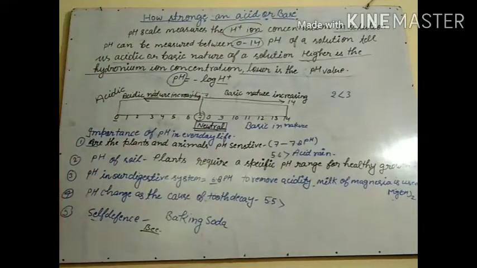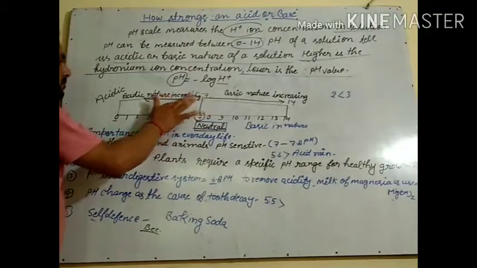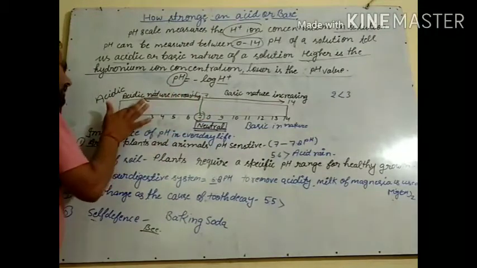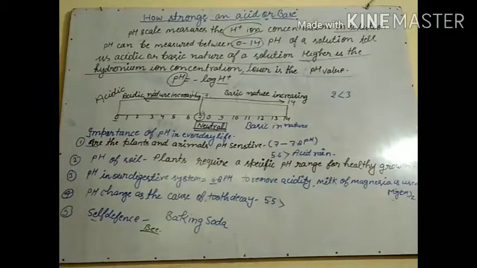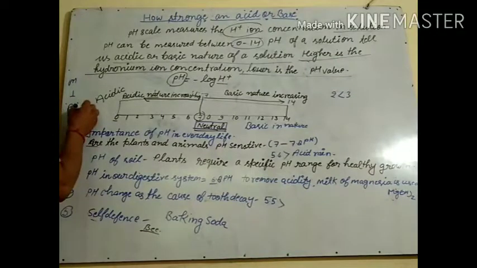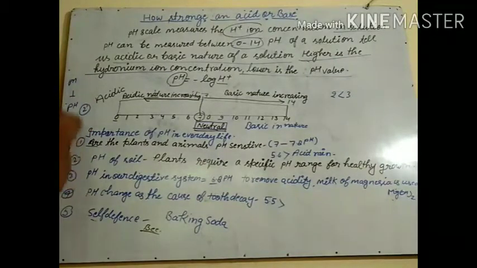So in this way, if we move this side, acidic nature increases. You should not be confused. If a solution has pH 1 and another has pH 2, which one is stronger?